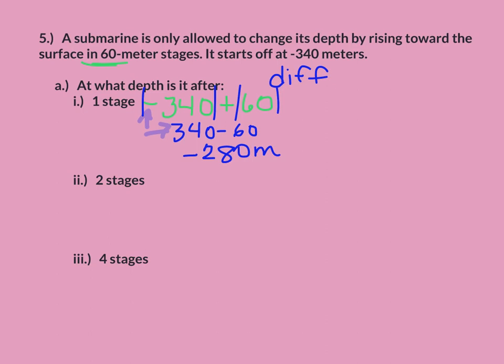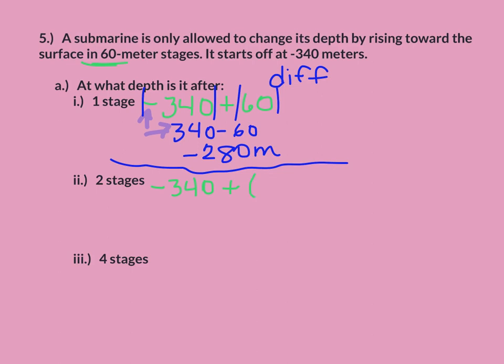2 stages. Okay. So I know for every stage it's going to go 60 meters. So I'm still going to start at negative 340. I'm going to add 60 to it 2 times. 2 times 60.